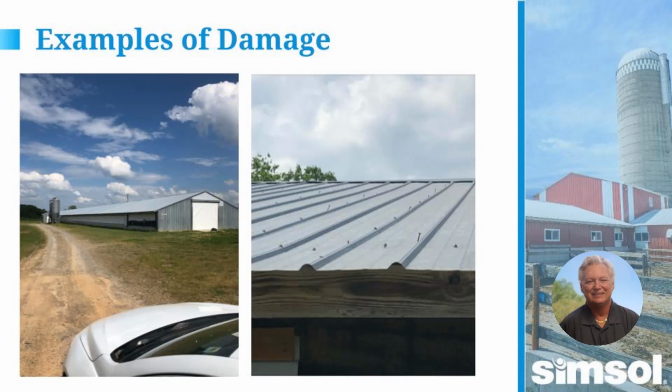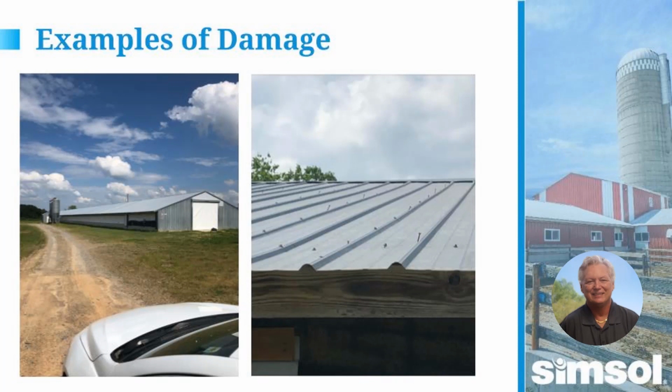Here are some examples of damaged farm and ranch type policies. On the left, this is a very large storage facility along with a silo for grain. As you can see, there's some metal siding on the top right on the exterior, by that front door and then on the side.